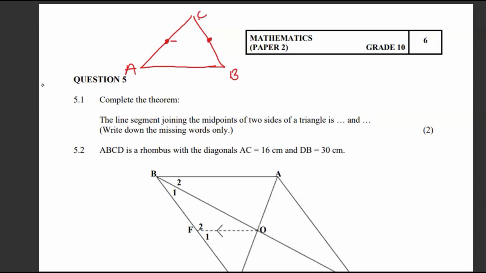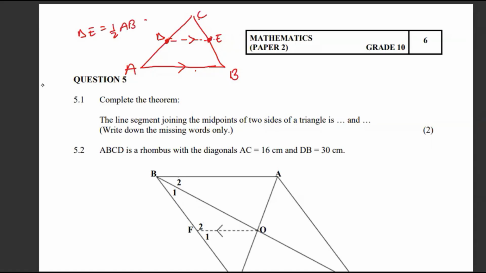If we have a line that is joining the midpoints, number one, this line must be parallel to the third side, because it's midpoint to the two sides. It has to be parallel to the third side. And then condition number 2, this line here must be a half. So if I call this D and E, DE must be a half of AB.